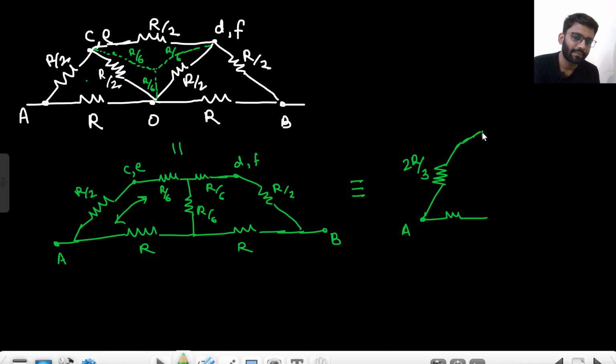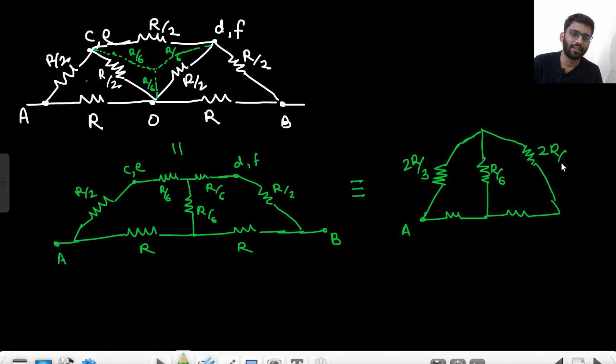In between that, we are having R by 6. Then we have R by 6 and R by 2 again in series, so it will become 2R by 3. 2R by 3.